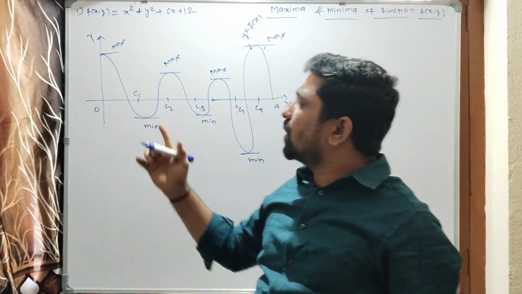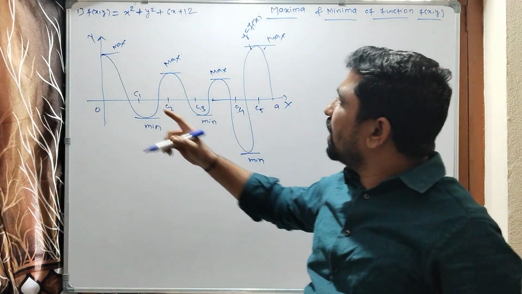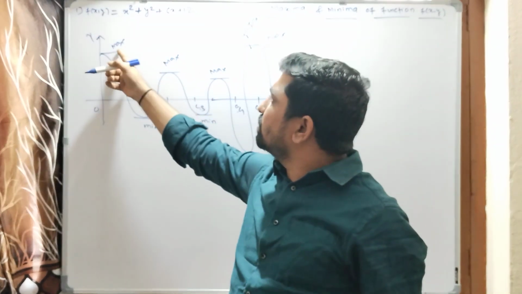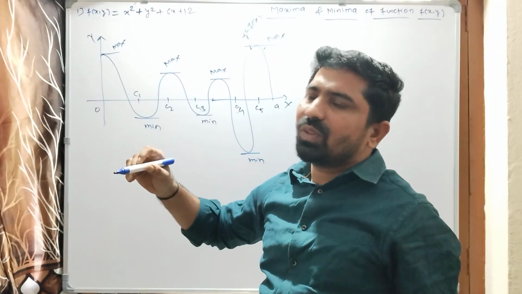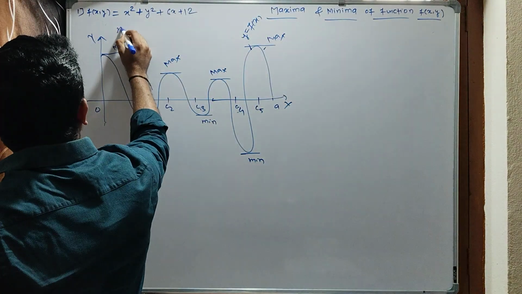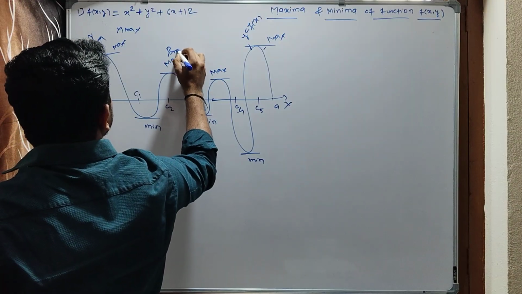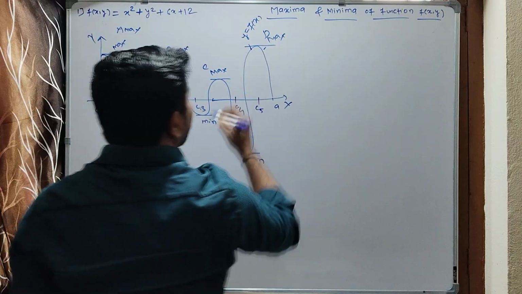But just talk about the whole interval, that is the whole domain 0 to a. Here this is one maximum, this is another maximum, this is another maximum, but compared to these two maxima, this maximum is greater than this maximum. So let's say this is my A max, this is my B max, this is my C max, and this is my D max.